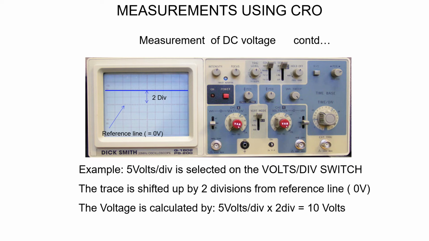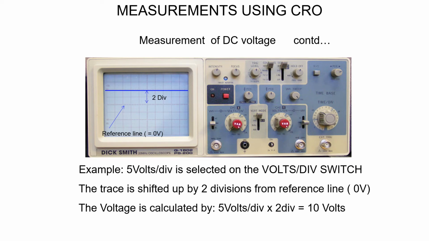Supposing my volts per division control is at 5 volts per division and the trace line is shifted up by 2 divisions from the reference line. Then the DC voltage is calculated as volts per division into the number of divisions it has shifted.